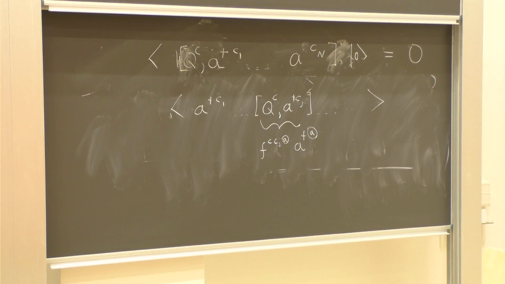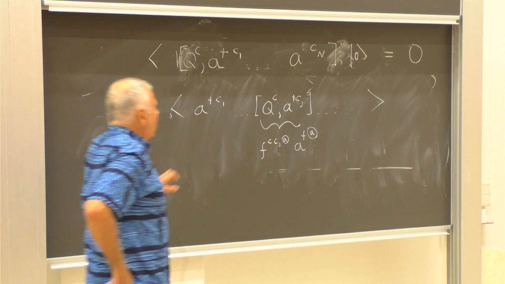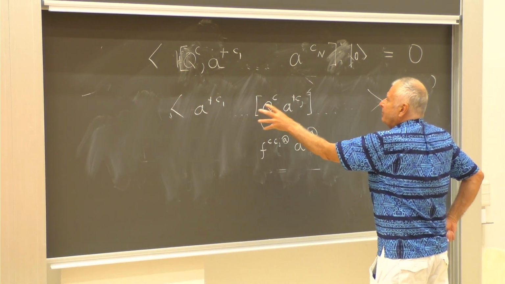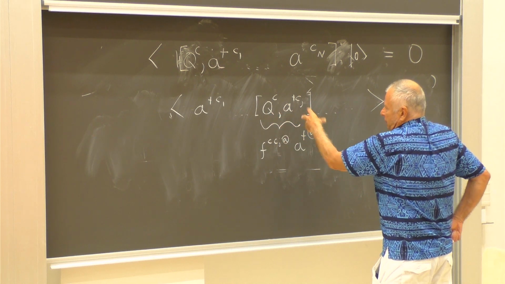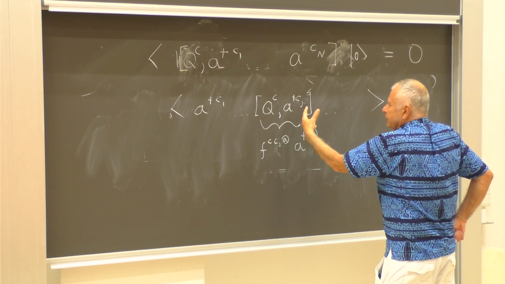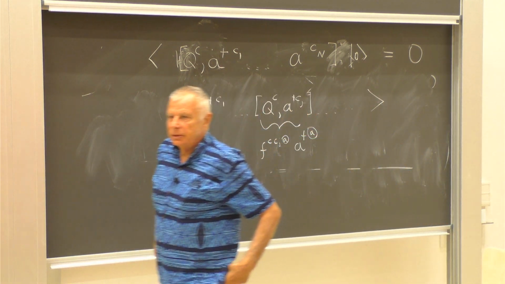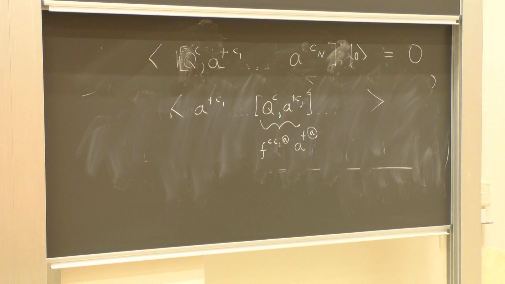This object is the sum of those amplitudes in which all possible creation and annihilation operators are rotated by the global gauge transformation. All right? So this is indeed 0.